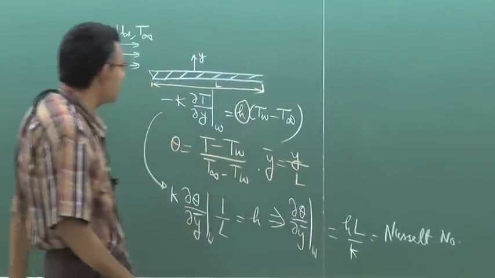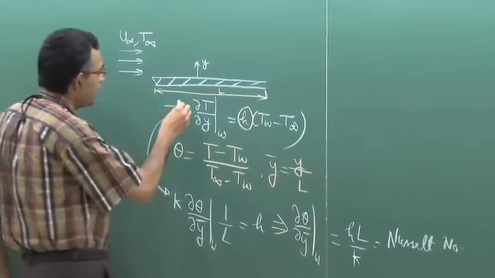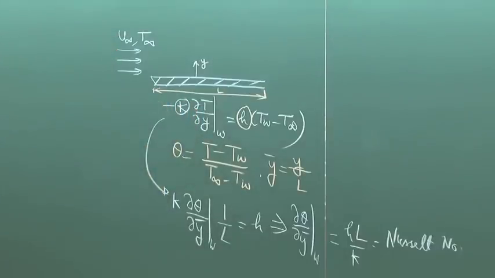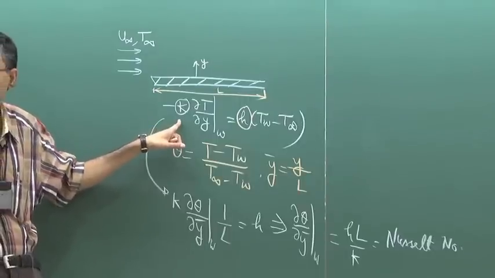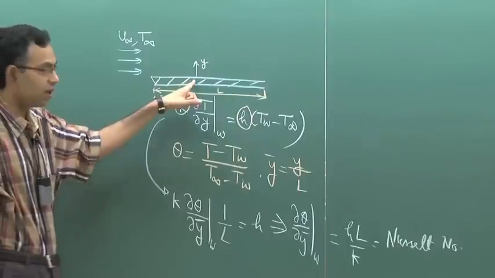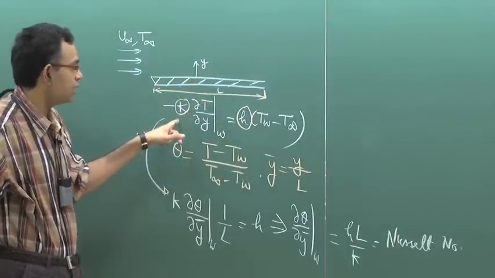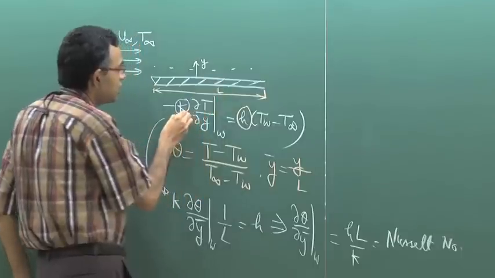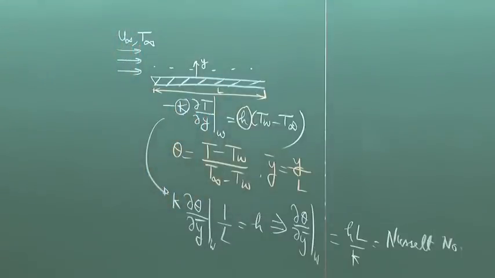So, my first question is, what is this K? Is this K of solid or K of fluid? Okay. This is my first question. You have a solid wall and you have a fluid at the top of it. So, is this K of solid or K of fluid?